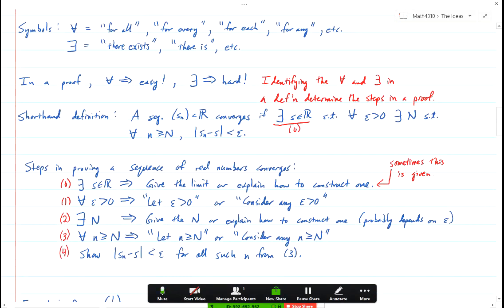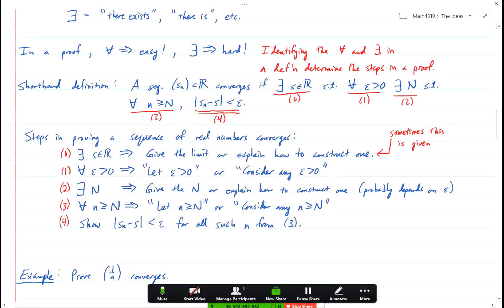I'll label things as before, this real number S such that for every epsilon greater than 0, there exists some number N, right? So it's implied that N is like a number here, such that for all little n greater than or equal to capital N, that are of course the indices, like integers, the absolute value of S sub n minus S, this is our conclusion, so I'll double underline it, is less than epsilon.